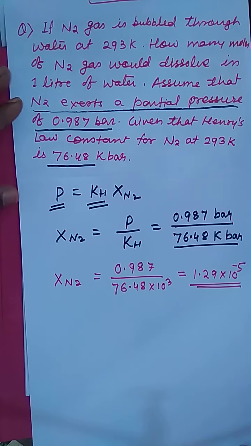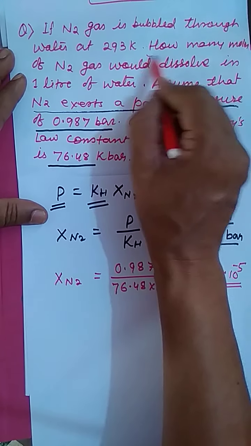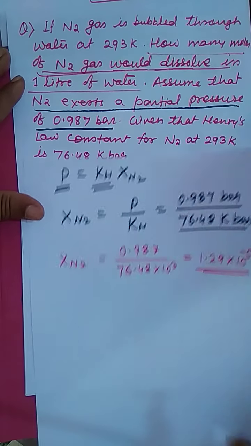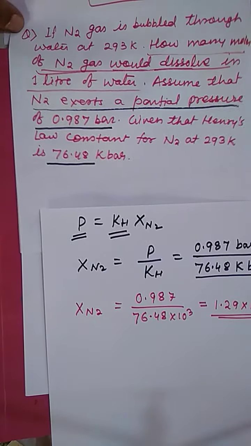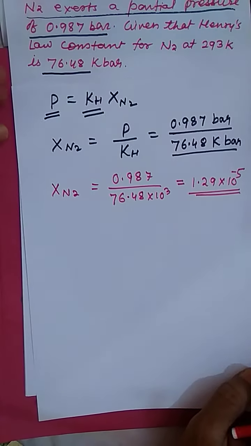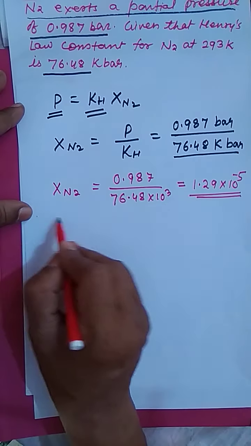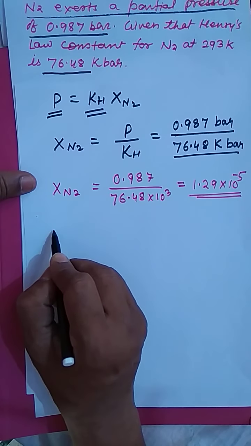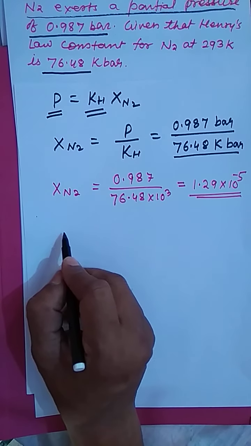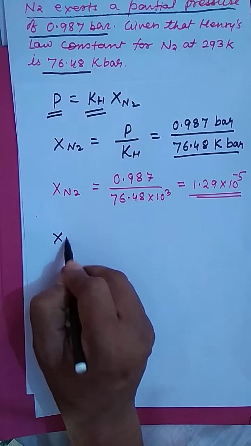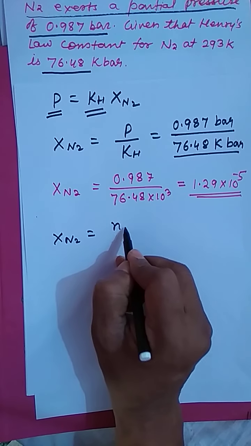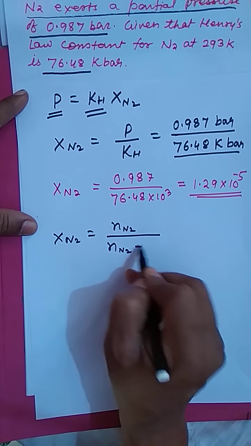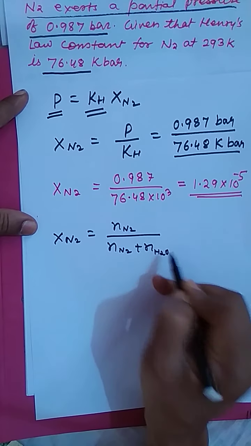Now you have to calculate how many moles of N2 gas would dissolve in 1 liter of water. So friends, you remember the number of moles in 1 liter of water is 55.5. So you can write the mole fraction of N2 is equal to number of mole of N2 upon number of mole of N2 plus number of mole of H2O.